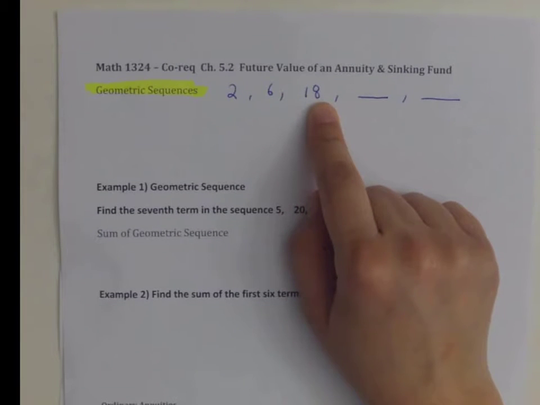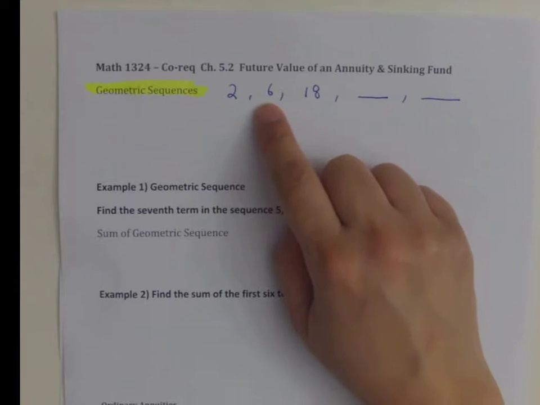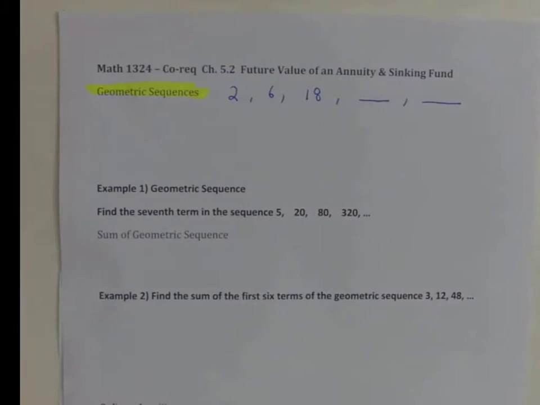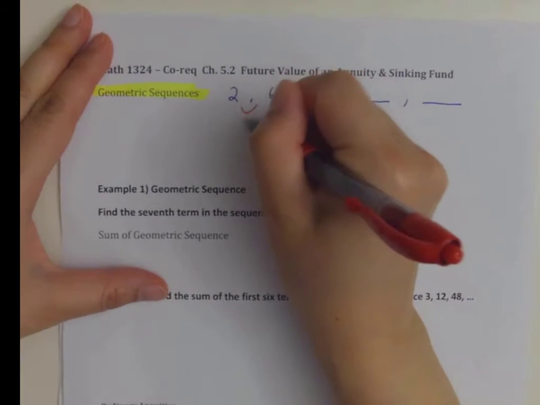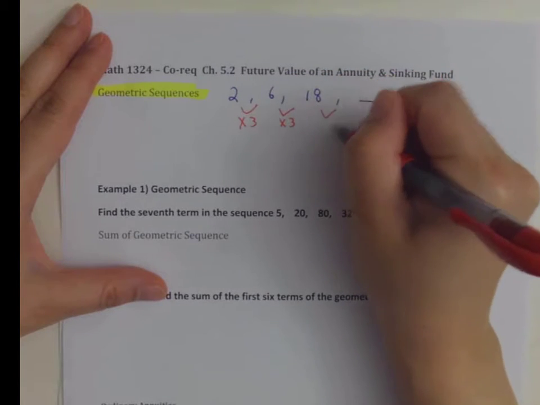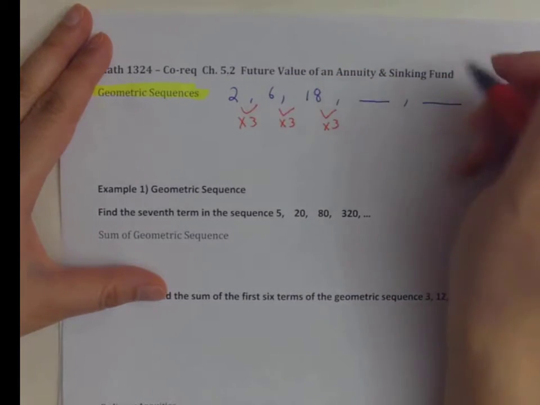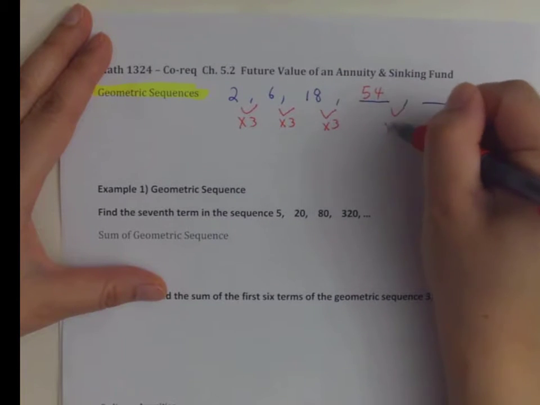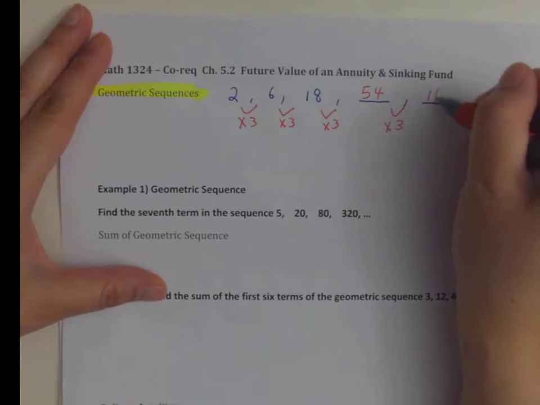So it's not adding. If I multiply, 2 times 3 is 6, and 6 times 3 is 18. So that looks like it's working, right? So the next number, probably multiply by 3, and then we get 54, and then multiply another 3, we get 162.